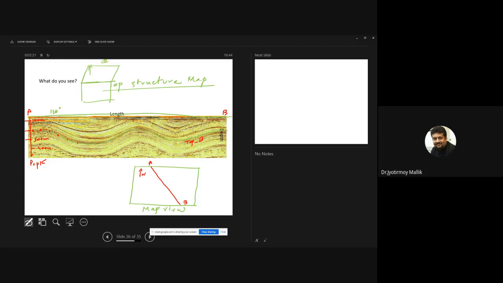But of course, if these points are closer, it will also take more time. These points are essentially the vertical projection of these points on the AB line.